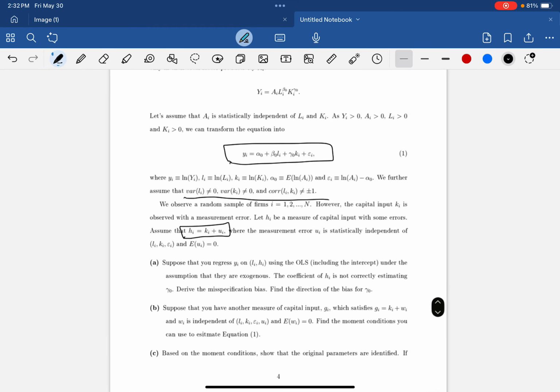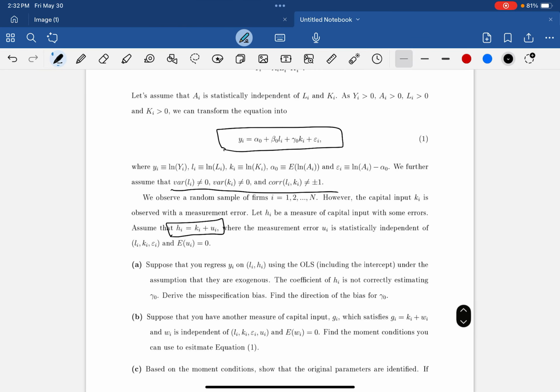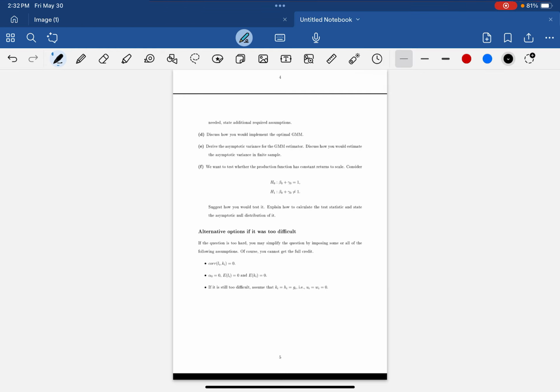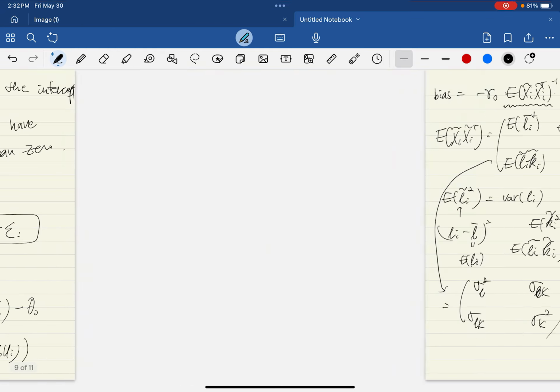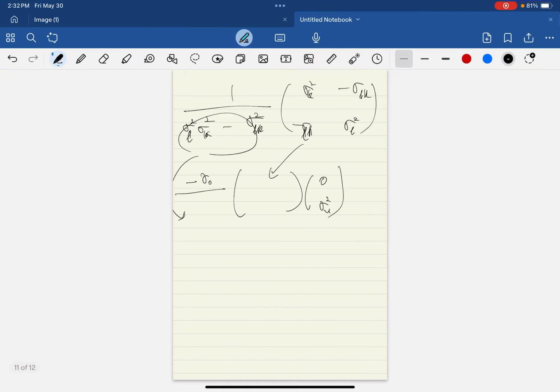That was part A. Part A, we derived the bias. I have to derive the misspecification bias. Then what is the direction of the bias for gamma 0? Let's go back and do the algebra. Maybe we need to do it. So this is always positive, so it does not matter.